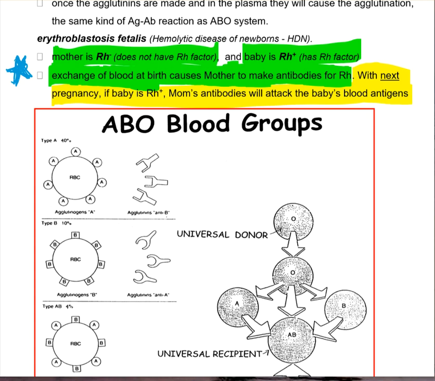The RhoGAM shot depresses this immune response in mom and it prevents mom from making antibodies against the fetus. And so we often do this in the first pregnancy now, and we don't wait for future pregnancies. That has solved this problem where we sometimes get Rh negative moms and Rh positive fetuses.